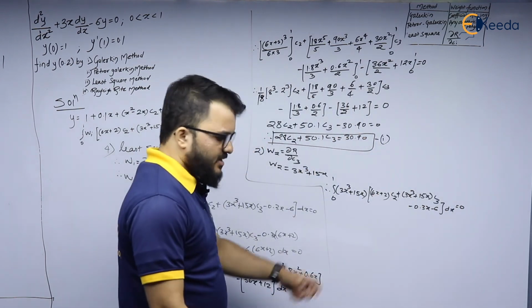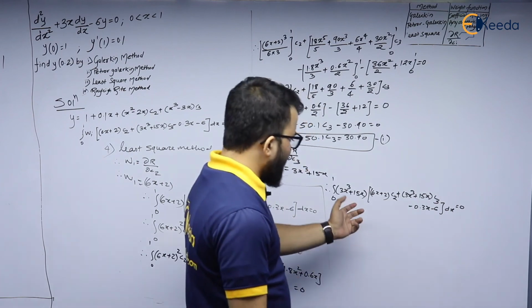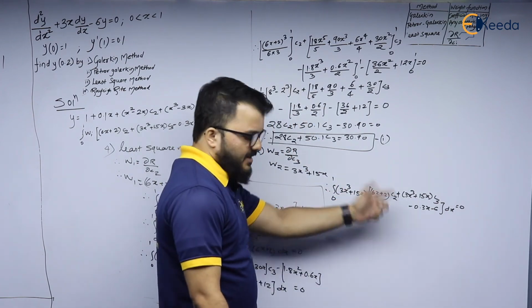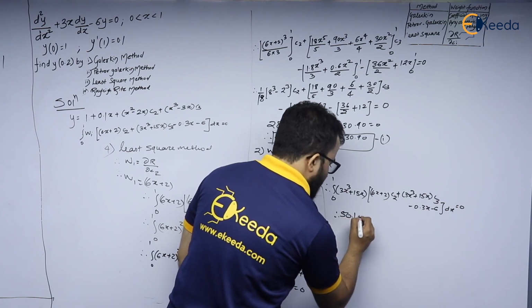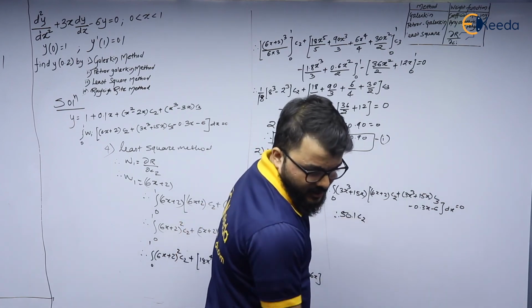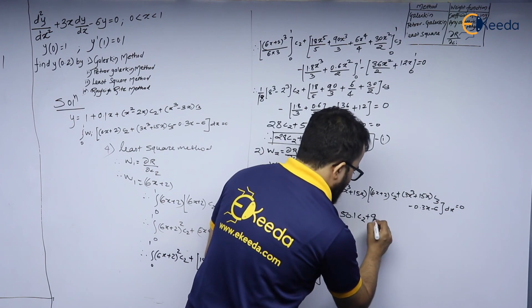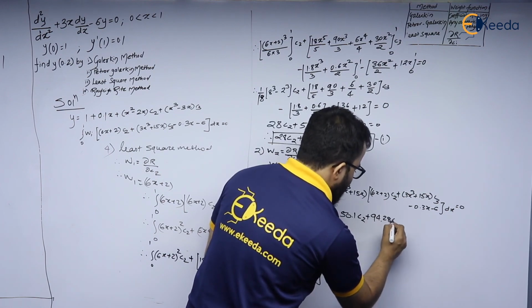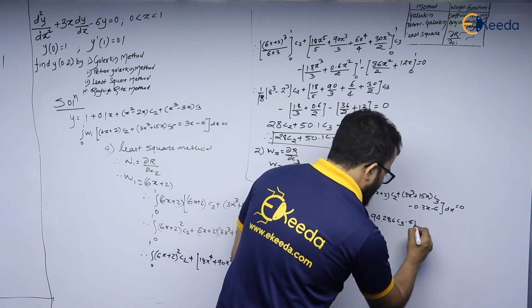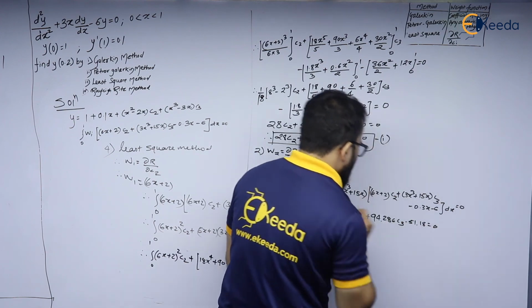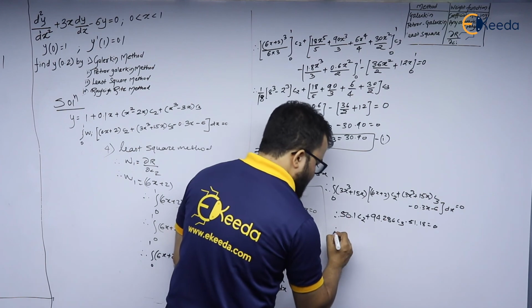If I am solving this equation, after solving this bracket and after integration, you will get 50.1C2 plus 94.286C3 minus 51.18 is equal to 0. So now I will rearrange this equation.